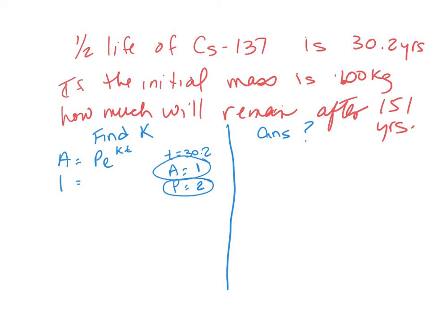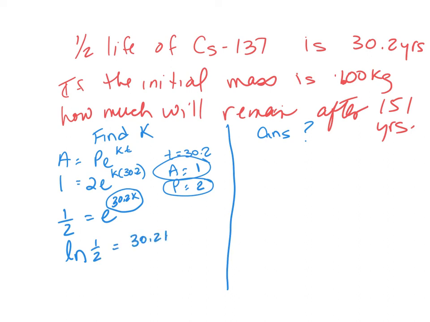I know that this is 1 equals 2 times e to the k times 30.2, right? And if I divide both sides by 2, I get 1/2 equals e to the 30.2k. So I have to find k, and the k is in the exponent, so I'm going to have to use logarithms. ln base e of 1/2 equals 30.2k.